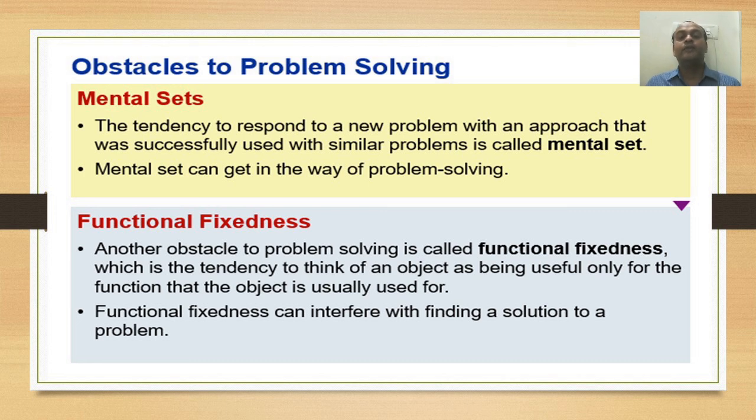So the more you are able to take out the innovative utility and think about the creative utilization of a particular thing, the better you are actually breaking the functional fixedness. So these are out of thousands. These are a few of the methods which are used effectively to solve any problem.